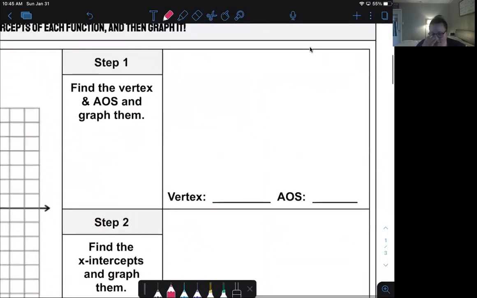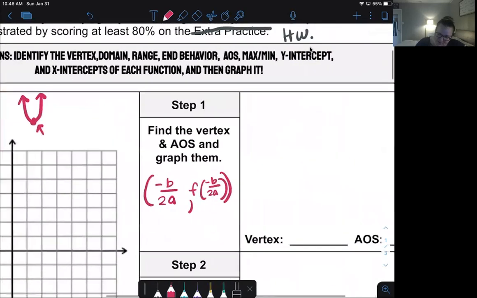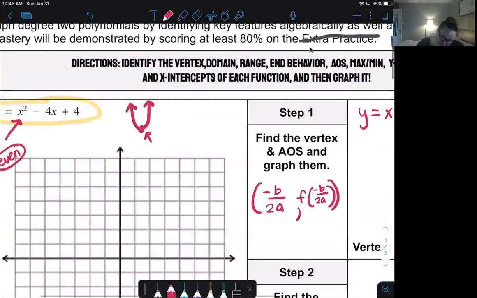So step 1 is to find the vertex and axis of symmetry and then graph them. So remember, to find the x value of our vertex, we always use negative b over 2a, and then we plug that into the function to find the y value of that point. All right, so our equation is y equals x squared minus 4x plus 4.